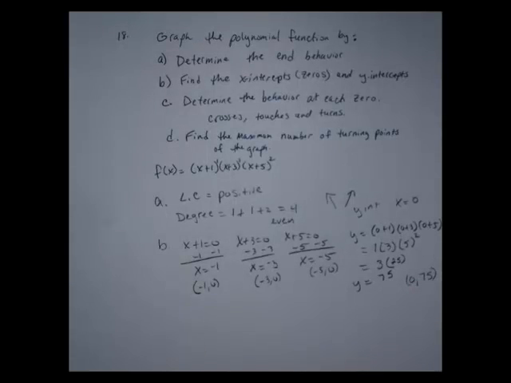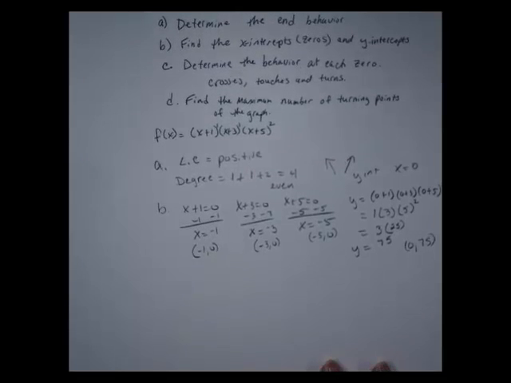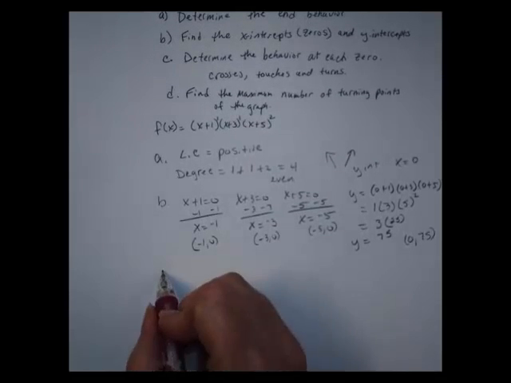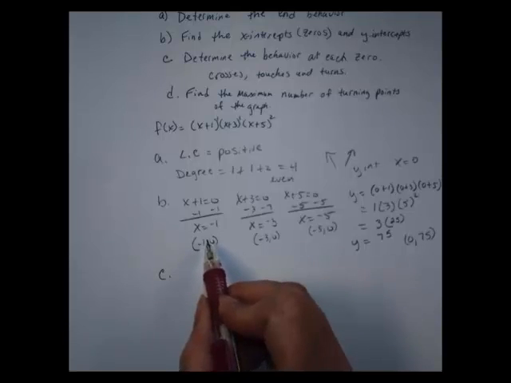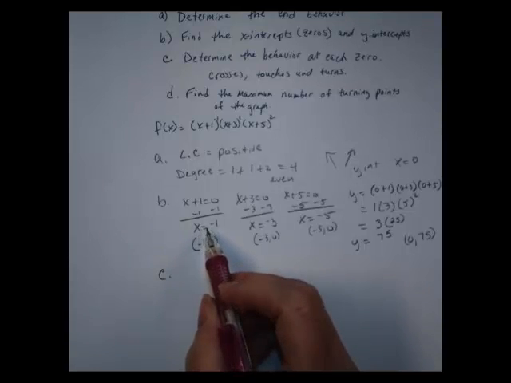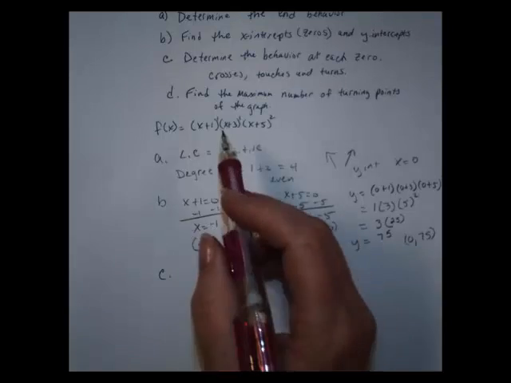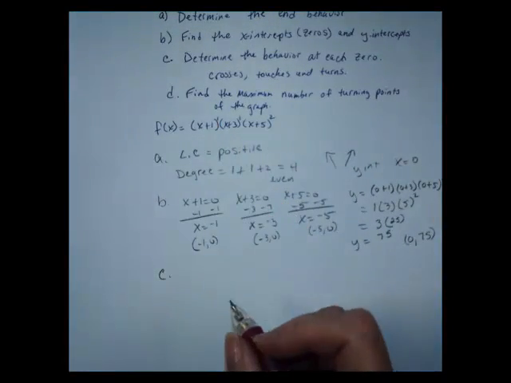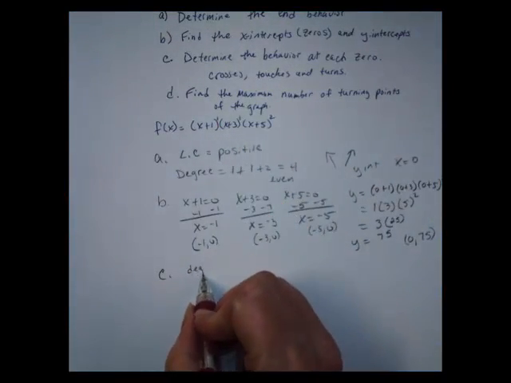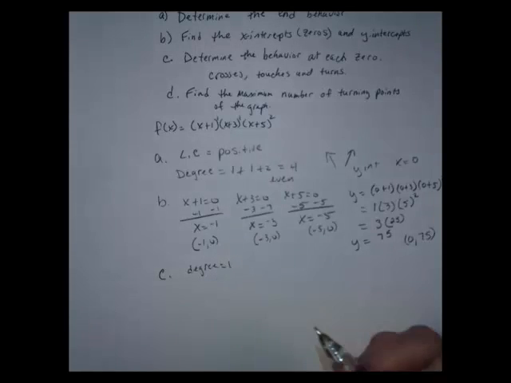All right, the third thing that we need to do was to determine the behavior at each zero. Well, at this zero here, we have x equals negative 1, and we had a degree equal to 1, which is the same thing as our multiplicity, right? Multiplicity and the degree are the same.